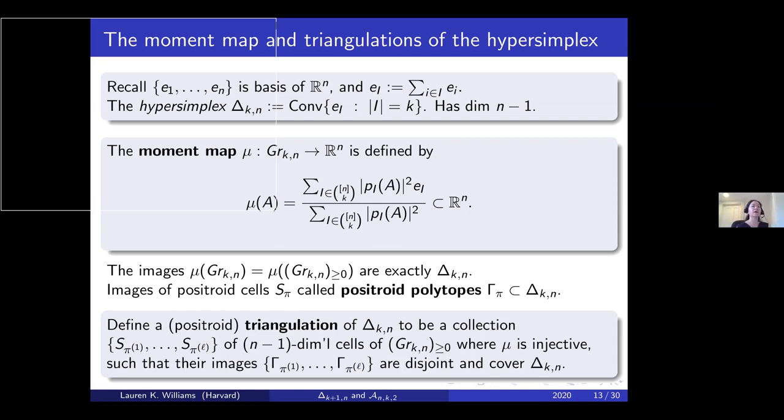And additionally, I require their images to be disjoint and to cover the hypersimplex. To be precise, I'm requiring that the images of the interiors of these polytopes are disjoint, and together the polytopes cover the hypersimplex. So this is just a straightforward analog of the definition of triangulation we made before for the amplituhedron, but now making it for the moment map.